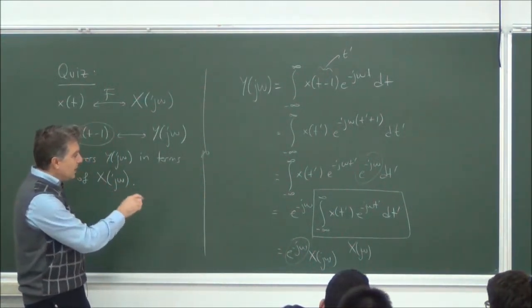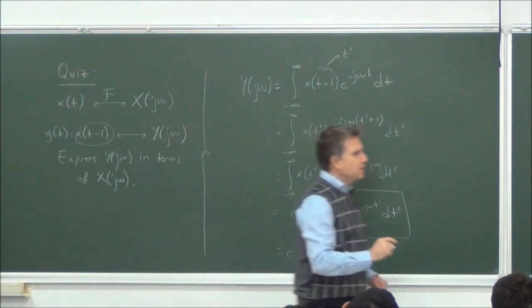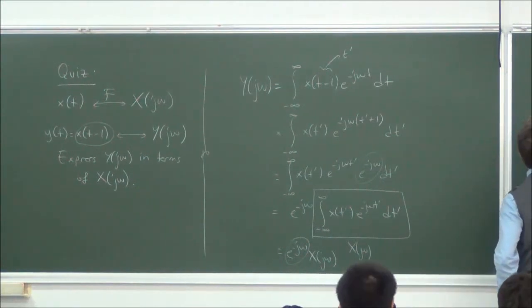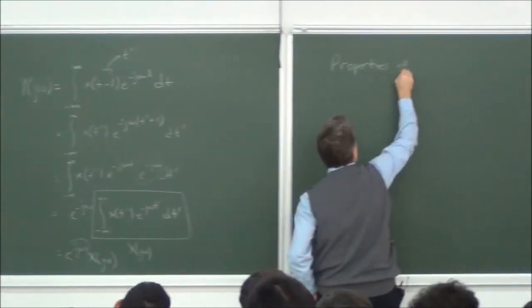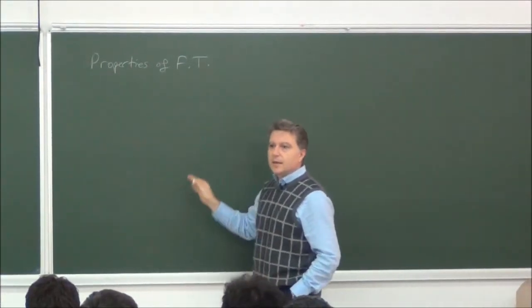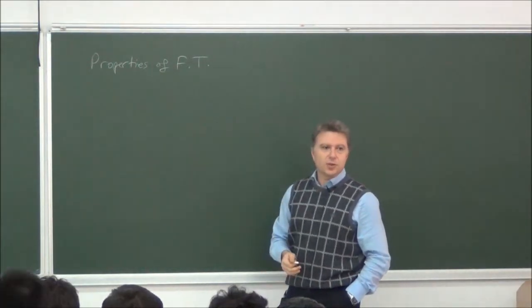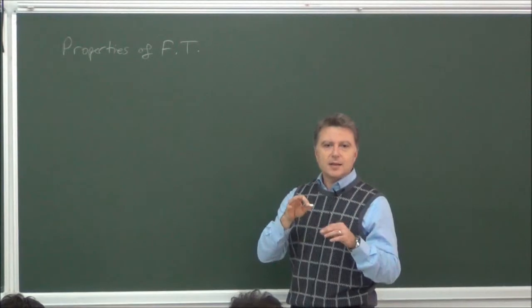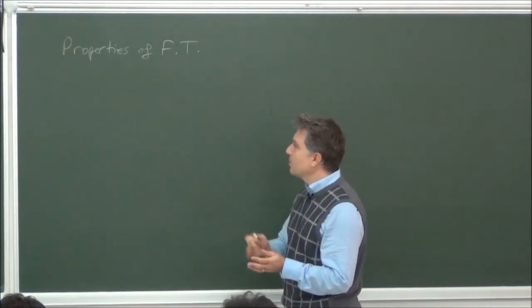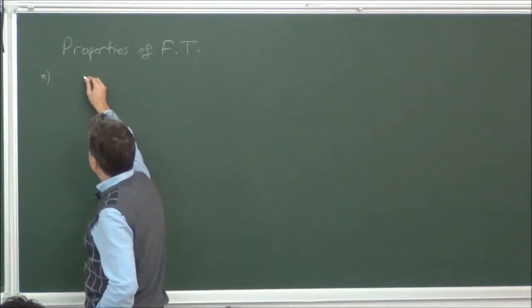As a matter of fact, that complex exponential is related with the amount of shift as follows. So let's call it properties of Fourier transform, which are extremely important, right? Without these properties, it would be extremely difficult to solve questions just by taking the integrals and applying the Fourier transform formula.